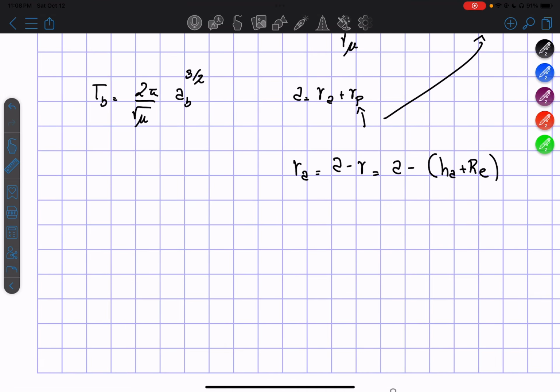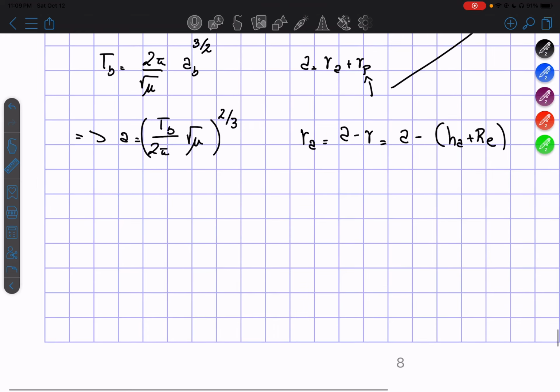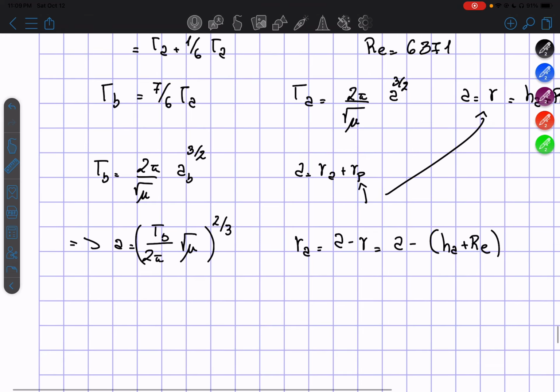So in order to rewrite the period for B, we need to do a is equal to TB divided by 2 pi times square root of mu, to the power of 2/3, where TB is, we said before, 7/6 of TA.